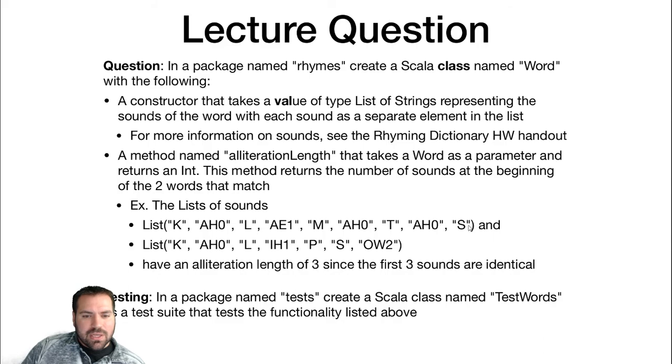So for these 2 lists of sounds, for these 2 words, the first 3 sounds are identical, and then the 4th sound is different. So this would have an alliteration length of 3 according to our definition of alliteration length in this assignment. And then the test cases in a package named tests. Write your test words test suite to test this functionality. So you're going to create new words, call alliteration length on various combinations of words, and make sure that you're always returning the correct alliteration length.